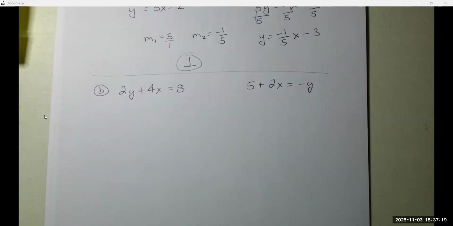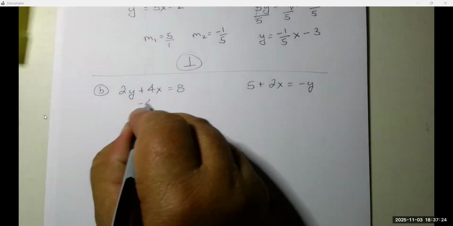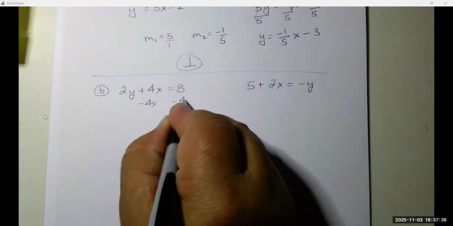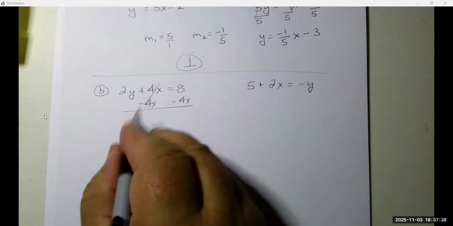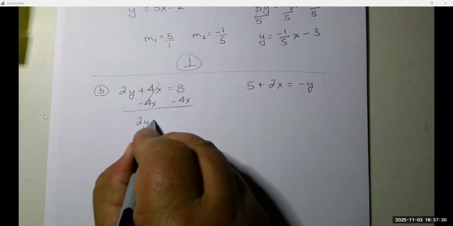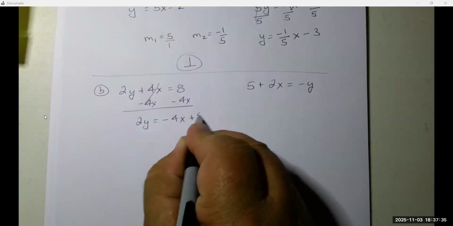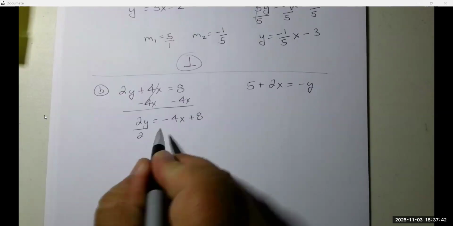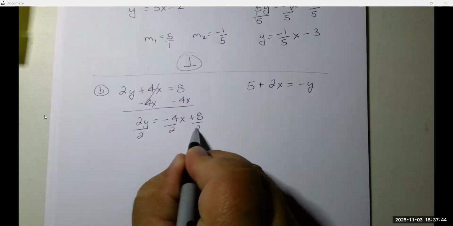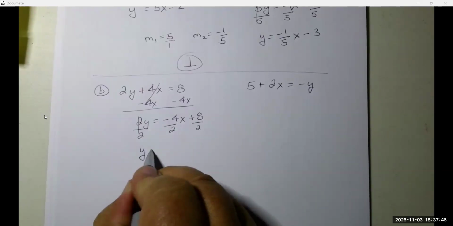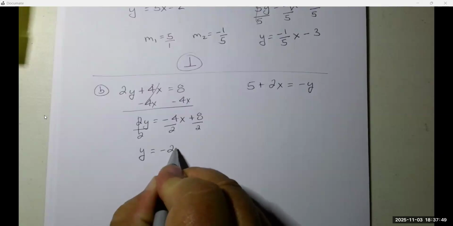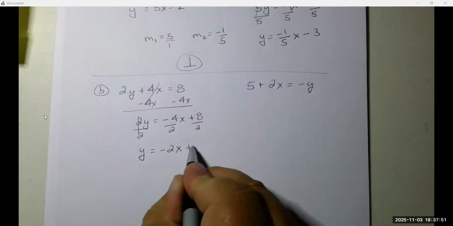So what I would do is subtract 4x from both sides. So then you have 2y equals negative 4x plus 8. And then I divided each term by 2 to get the y by itself. So y equals negative 2x plus 4. Very good.